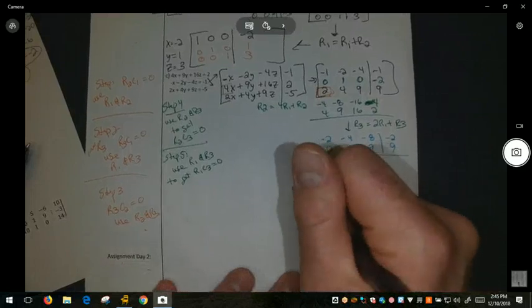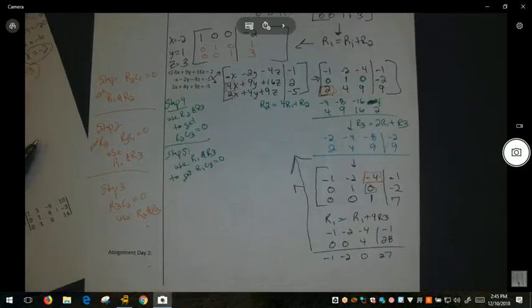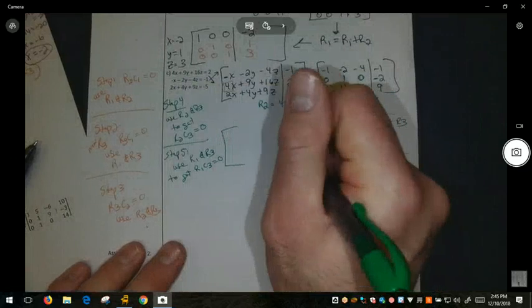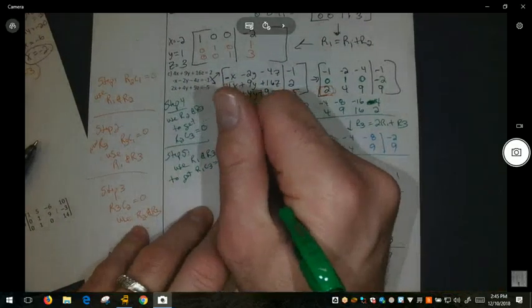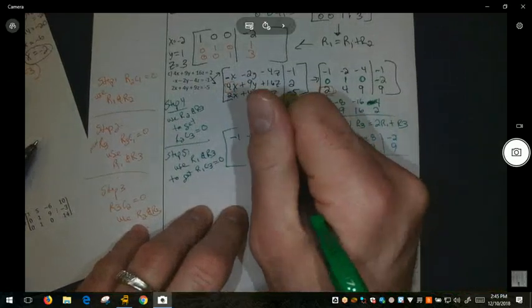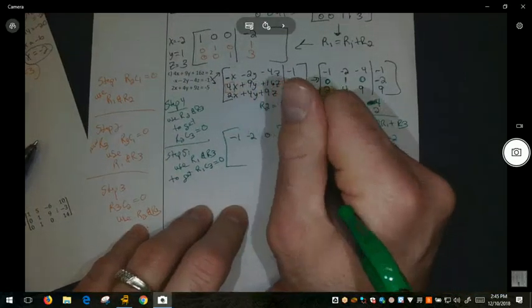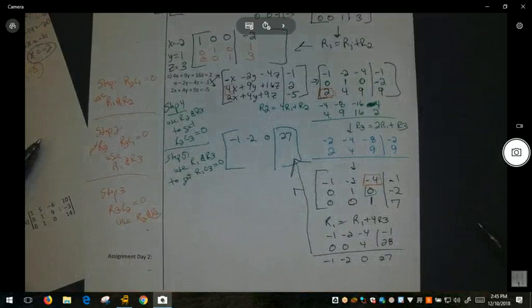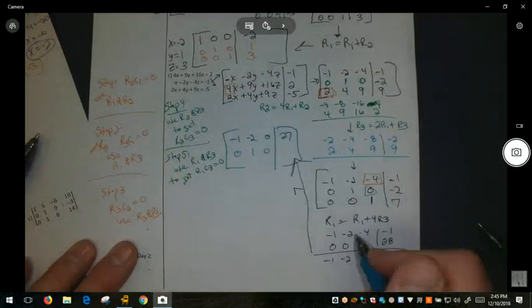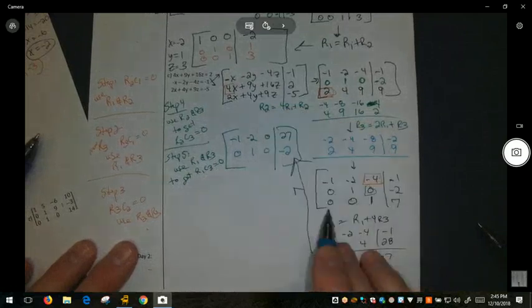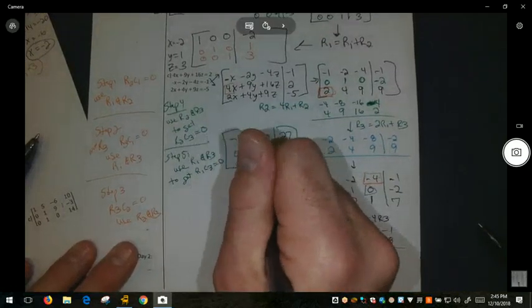So let's do this up here because I might need more room. This means that I now have a new row 1 of -1, -2, 0, 27, but the rest stays the same, 0, 1, 0, -2, 0, 0, 1, 7.